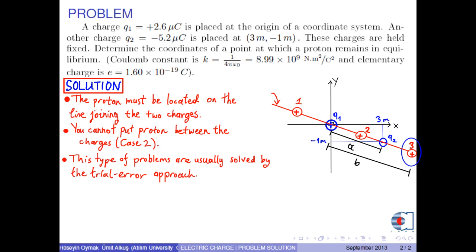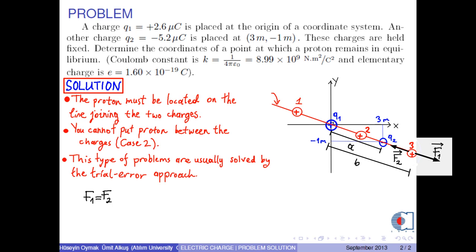For case 3, the force on the proton due to Q1 is a repulsive force, and the force on the proton due to Q2 is an attractive force. According to the problem, the magnitudes of F1 and F2 have to be the same.